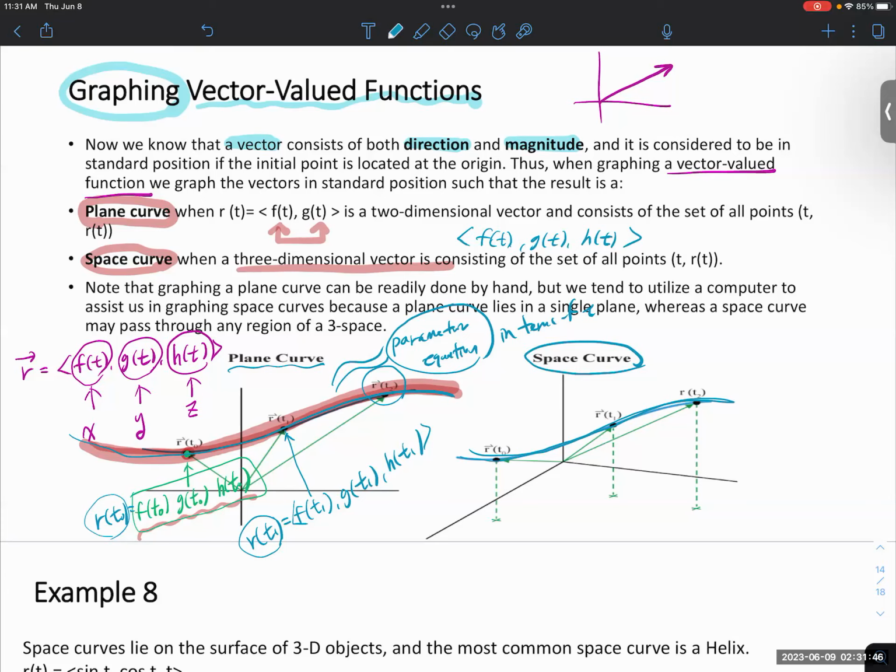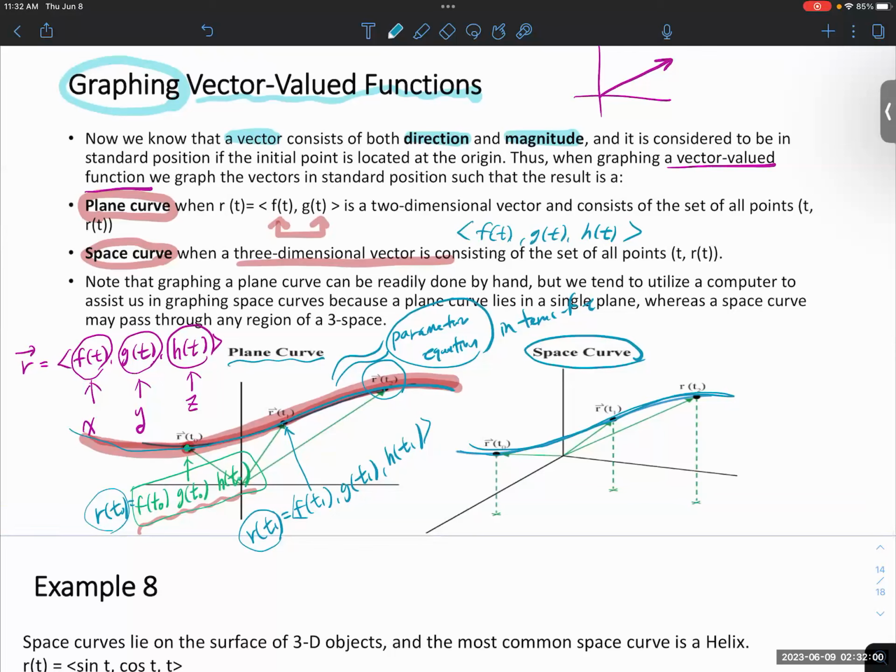Vector value function is simple. You can calculate it, you can evaluate it, you can find all the domain, and you can do it more algebraically. But I want to give you the idea of what they mean visually. Each component is based on the component function. So when t equal to 0, you collect that information. When t equal to 1, you collect that information.